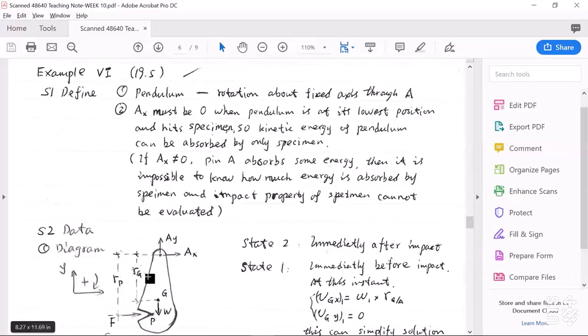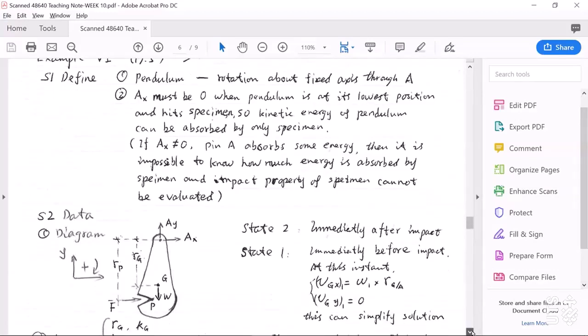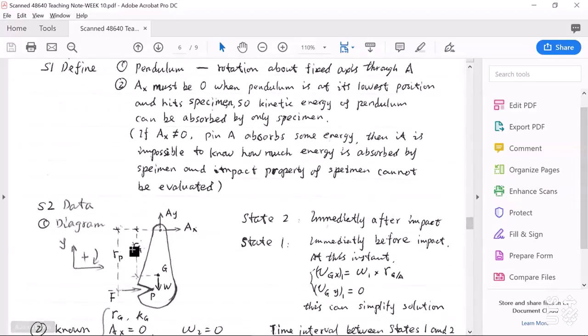And here is the diagram. In this diagram, at the pin point, we have AX, AY. At the mass center point G, we have weight force W. When this pendulum hits the test specimen, there is a reaction force from the test specimen to this pendulum.